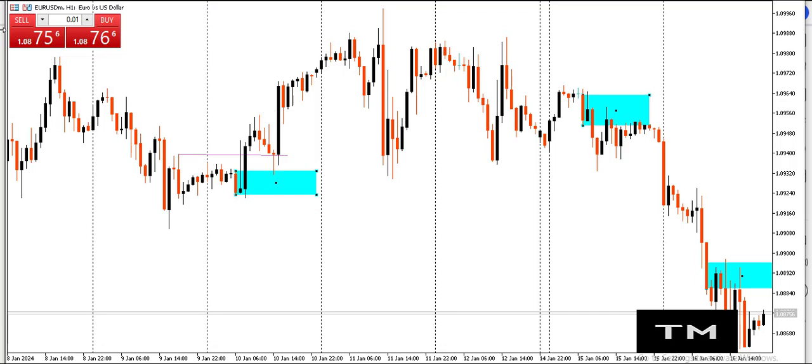So in the New York session, we have to wait for price to create a retracement. This was a retracement from the New York session, price retracing to the London low. All you have to do is look for an entry on the 5 minute time frame or the 3 minute time frame. It depends on what strategy and what time frame they are going to be using.